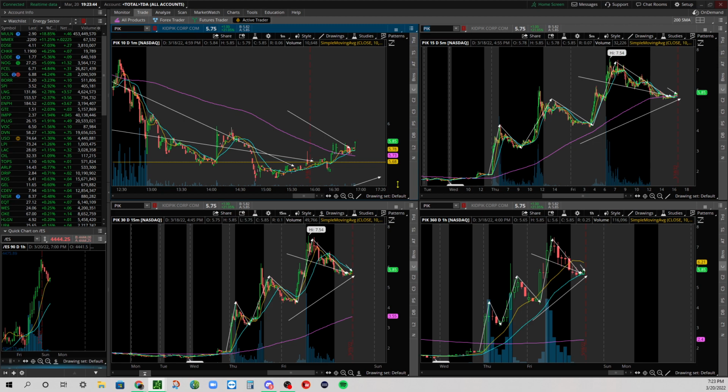Okay, this is the analogy and the psychology behind what's happening. So think of this. All of the indicators are saying I'm going up, I'm going up. All your fundamentals, shorts, floats, all that stuff is lining up. The volume is lining up.